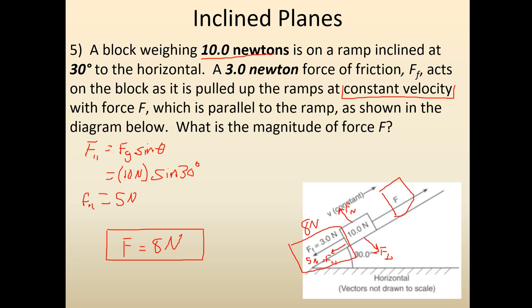Another way that you can remember from this diagram is that even though these vectors aren't drawn to scale, the fact that they made this arrow longer implies that it has to be more than 3 newtons. Even though we haven't been doing that, the diagrams that the Regents give you do try to convey that information, that if an arrow is longer, it is bigger. So you can use that to also gauge whether or not the number should be bigger or smaller or equal to whatever forces they tell you.